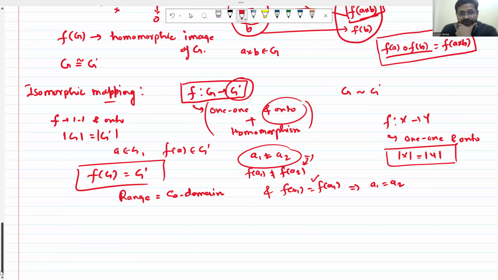It means for all y in G dash, we have x in G such that this y is related to this x. Got it?